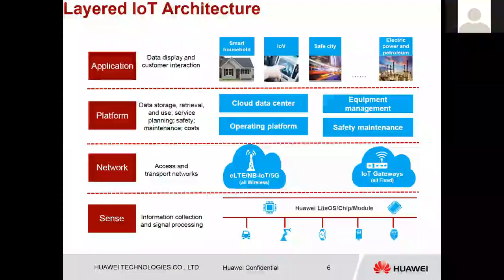And we can also support the cable network. We have IoT gateways that can connect to our cable network. We also call this the access level. It can provide the network to help us access the devices.